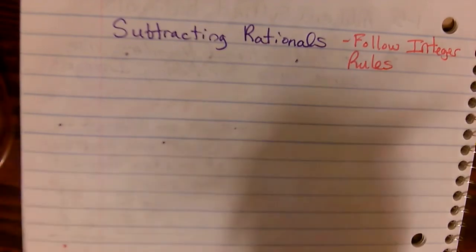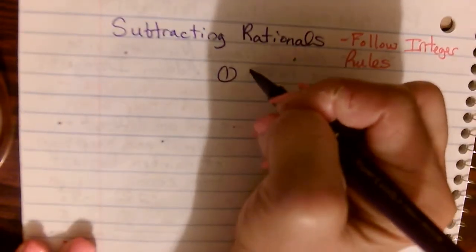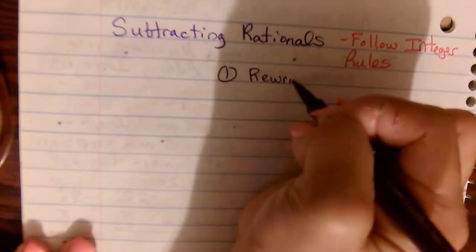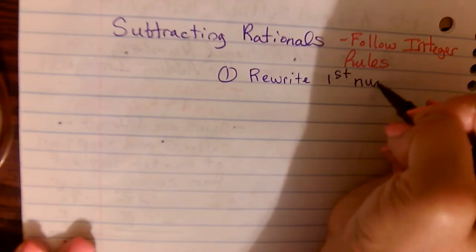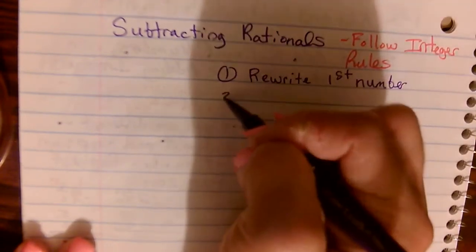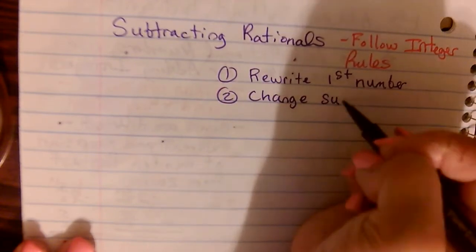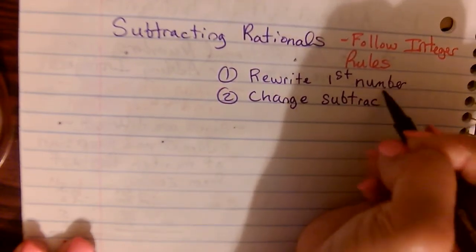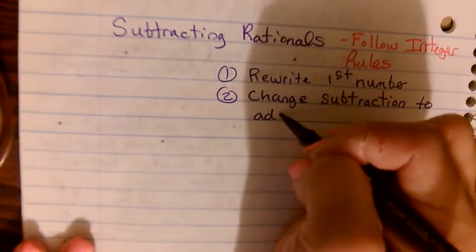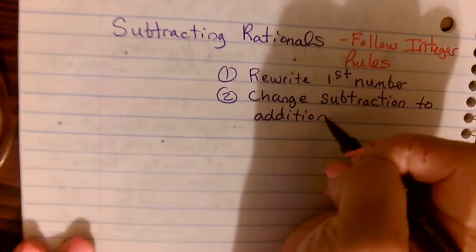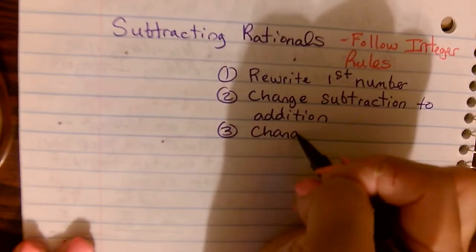Those are: 1, rewrite the first number. 2, change subtraction to addition. It becomes an addition problem, guys. 3, change the sign of the second number.